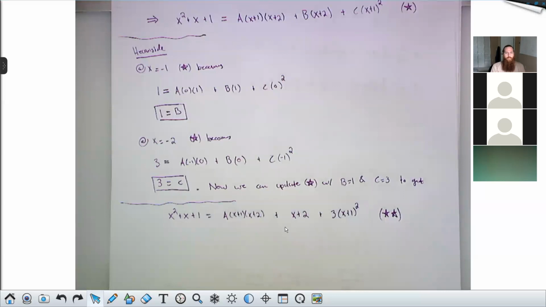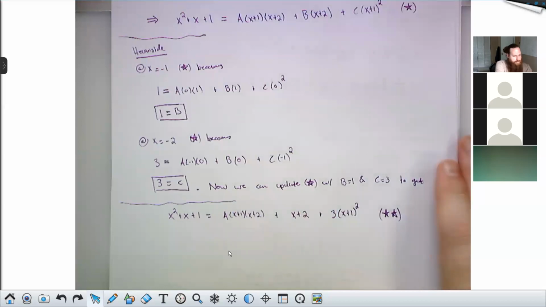You can plug whatever you want in. And while there isn't a number I can plug in that will allow me to read a off directly from here, once I've got the values of b and c plugged in, if you plug in any other number besides -1 or -2, like 0, 1, 5, 7, pi, any other number, you'll get an equation that just has a and numbers in it, no other variables.